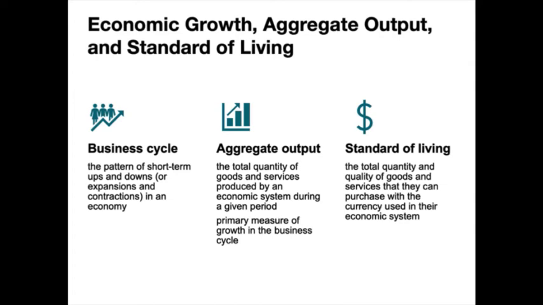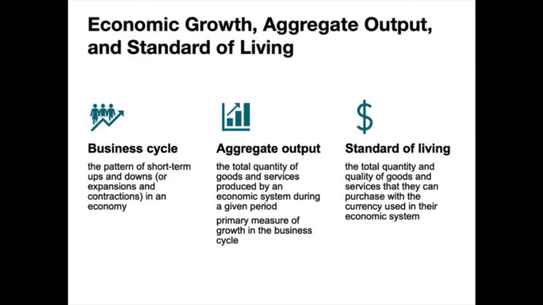We take those kinds of activities, the cyclical pattern of ups and downs, not only in an industry, but also in an entire economy, into consideration. What are we measuring? We're measuring overall aggregate output. That's defined by the text there as the total quantity of goods and services produced by an economic system during a given period.